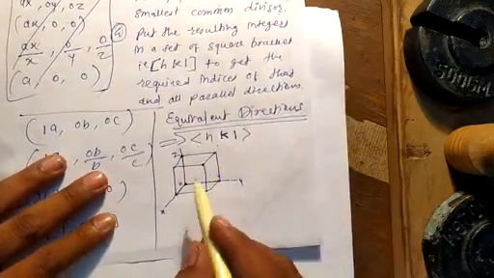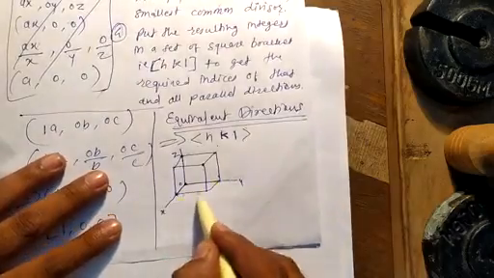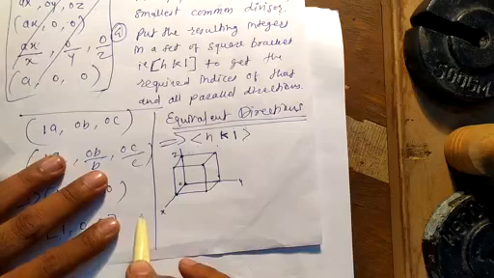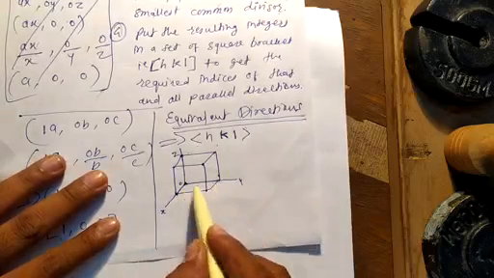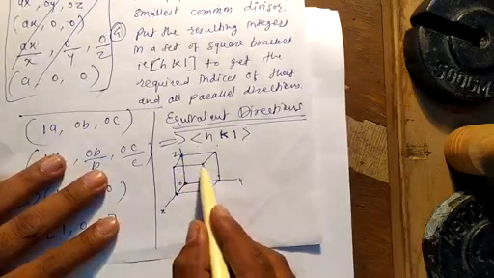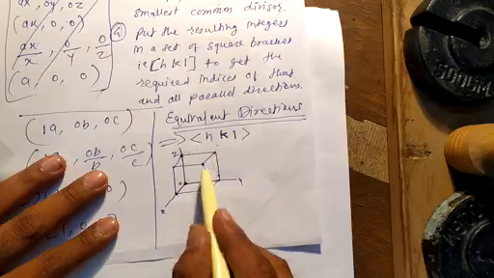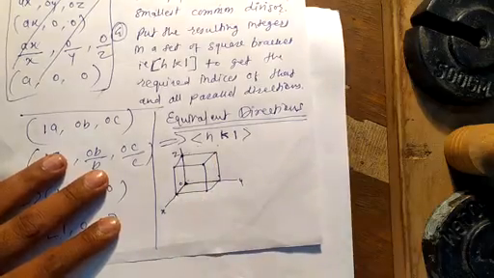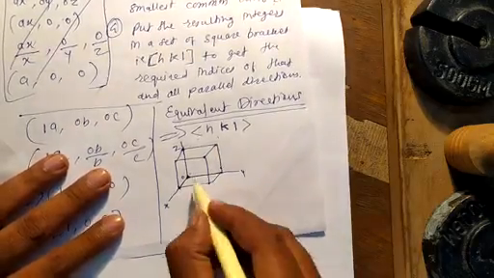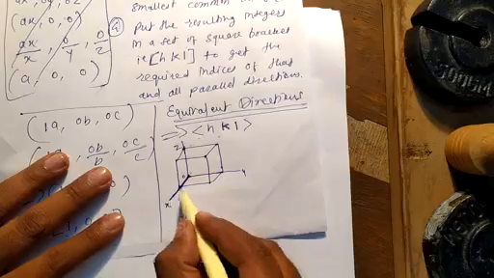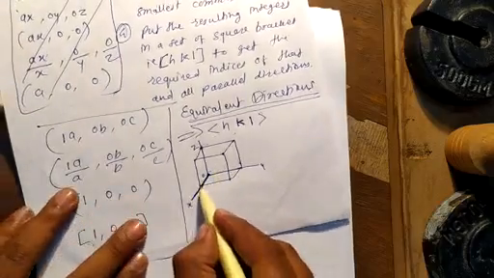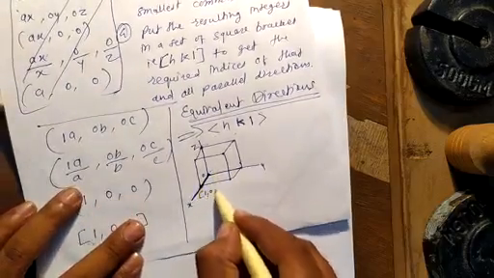In a simple cubic system, we know that all the atoms are at the same distance from the origin. This is at the same distance, this is at the same distance, and all the atoms are at the same distance. Now we have just found the direction of this lattice point, that is 1 0 0.